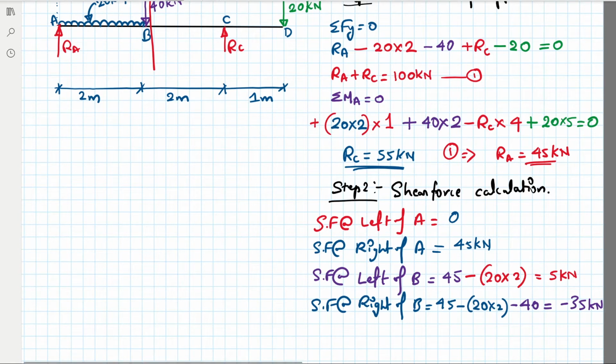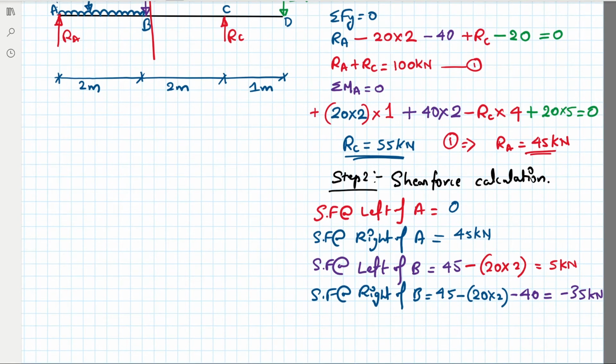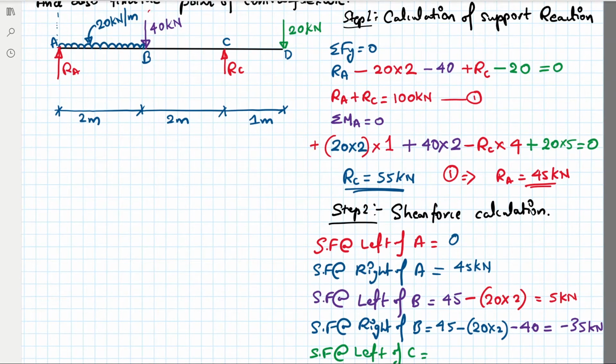So I will move on to the next point, that is shear force at left of C. I will shift that section to the left of C. In between B and C there are no forces, so I can directly take the previous value.